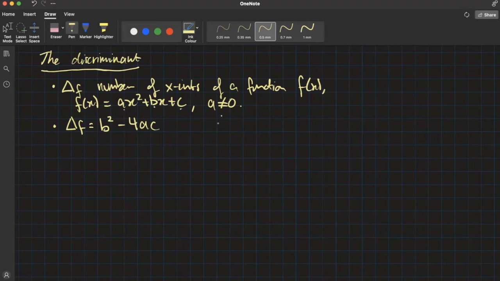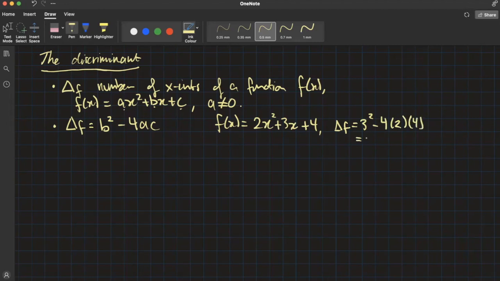So for example, if we have f of x is equal to 2x squared plus 3x plus 4, then the discriminant of this function is equal to 3 squared, subtract 4 multiplied by 2 multiplied by 4, which is equal to 9, subtract 16 multiplied by 2, which is 32, so negative 23.